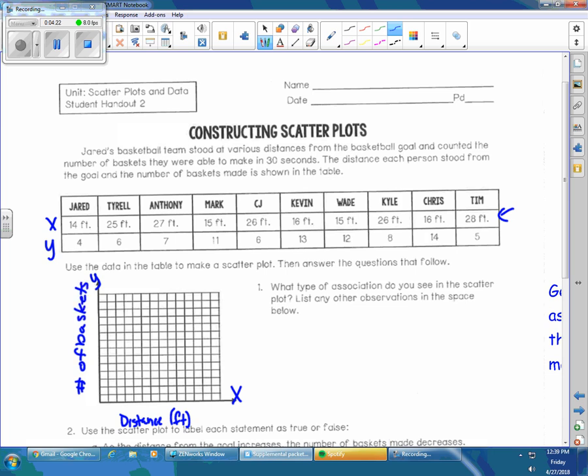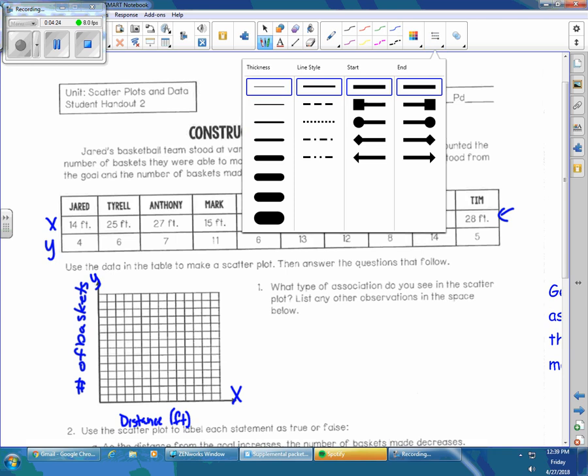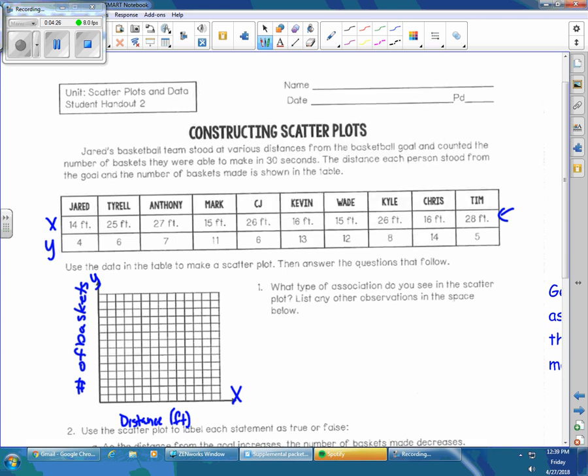Now if I'm looking at my data, the distance goes all the way up to 28 feet. I know I can't count by ones because my graph is just not going to be large enough. So I'm going to count by twos.